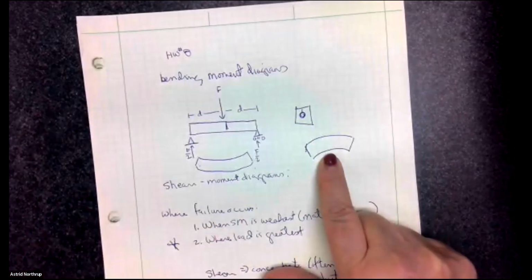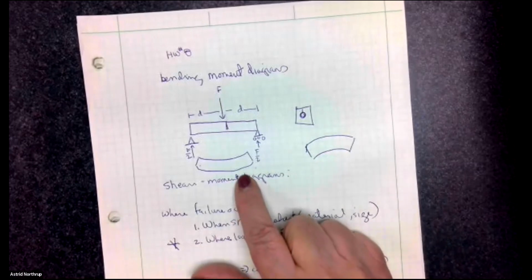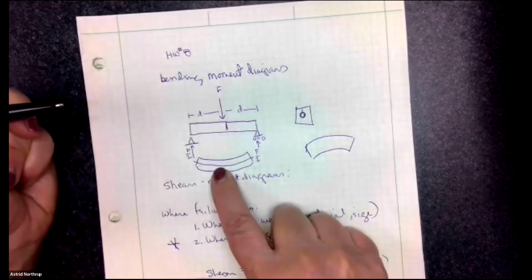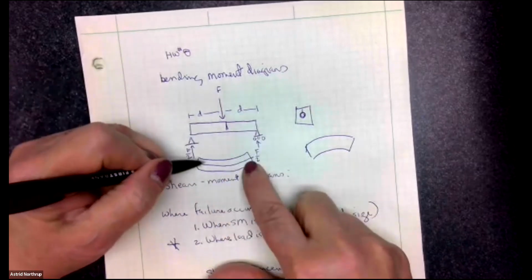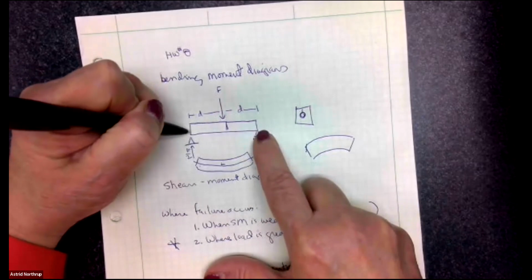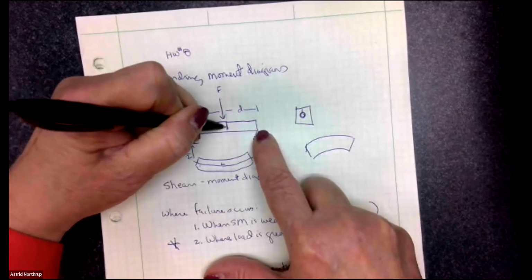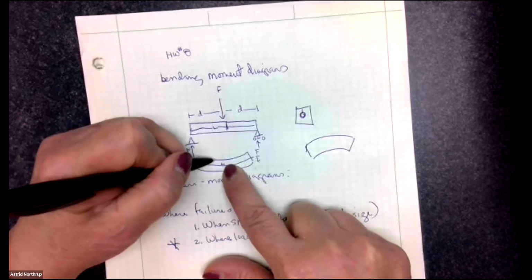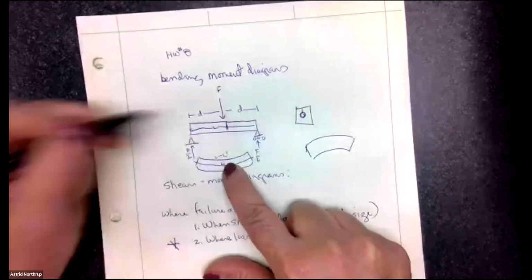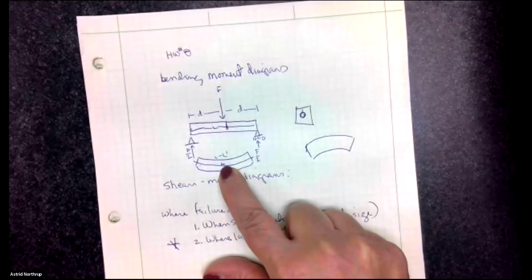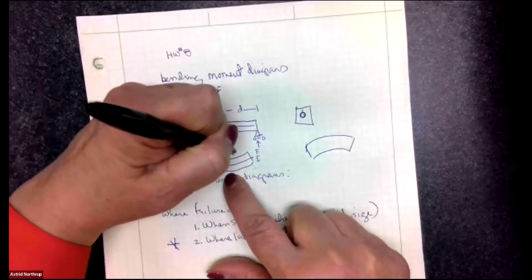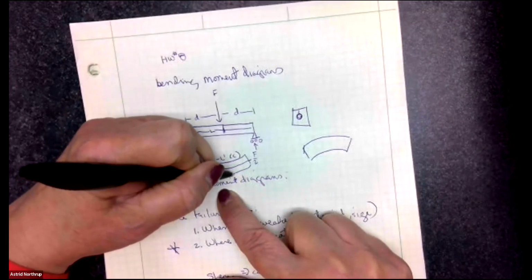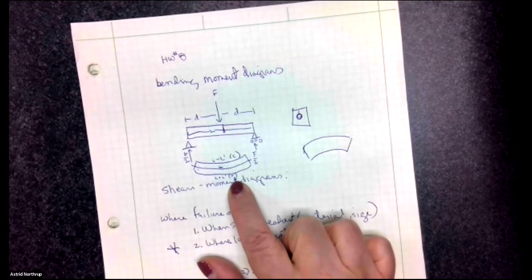What that tells you is that somewhere in the middle of this beam, the length, which we're just going to call L, is going to equal the length up here. But in this configuration, the length up here is going to be shorter because it's in compression, and the length down here is going to be somewhat longer and it's going to be in tension.